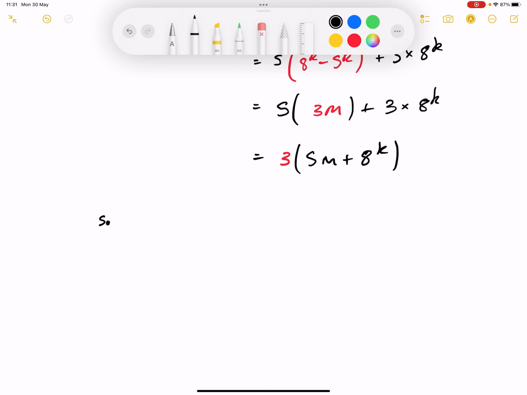So, true for n equals 1, or rather the base case. True for n equals k implies that n equals k plus 1 is true.